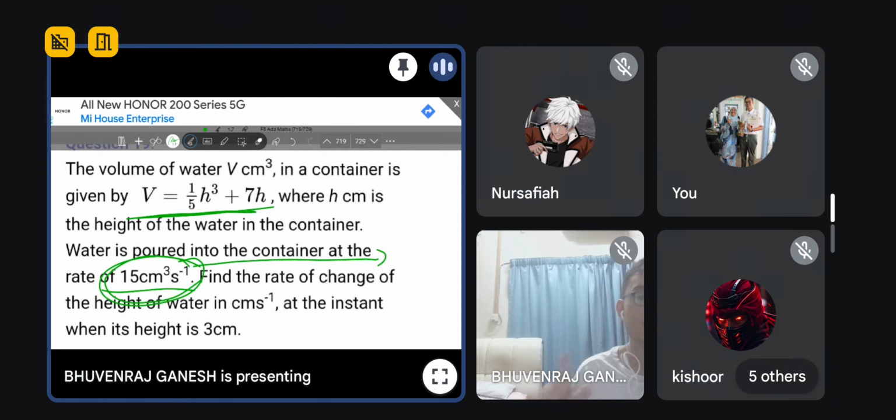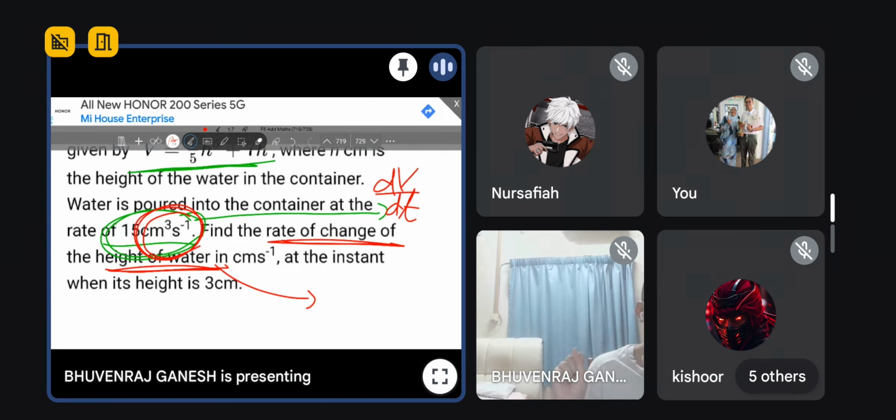You must see your unit. Kamu lihat unit, you will know your answer is cm cube per second. Very good, dV over dt. So this is your symbol, equal to 15. Now the question: cari kadar perubahan tinggi, rate of change of height.